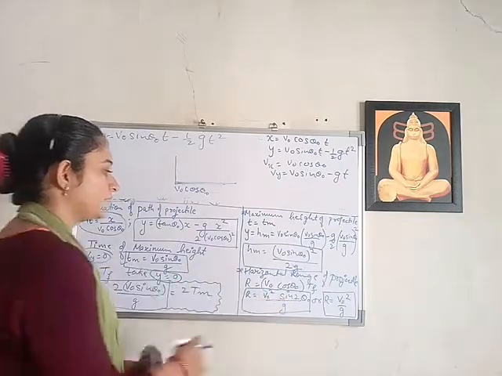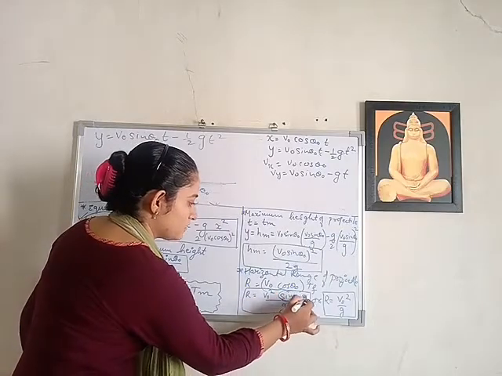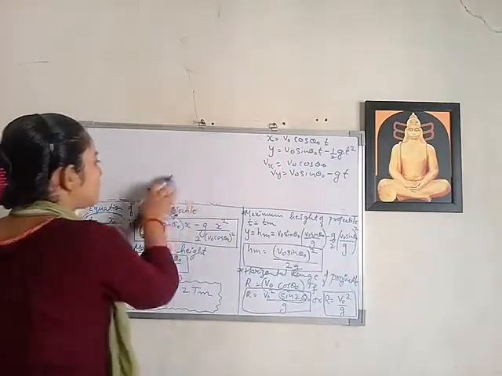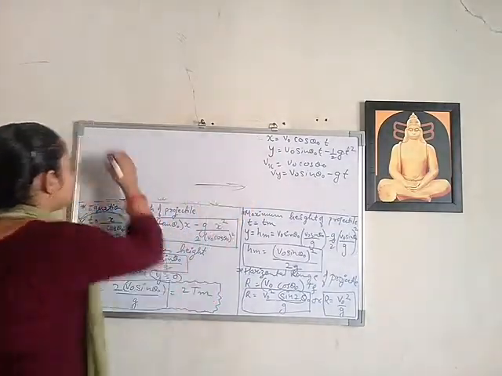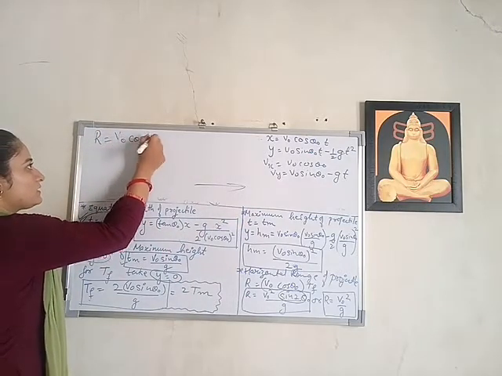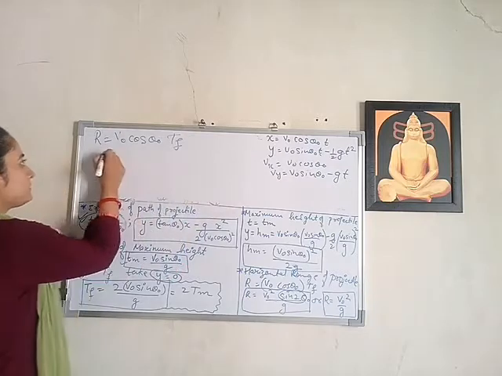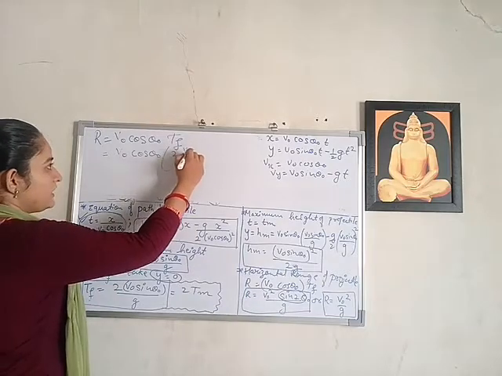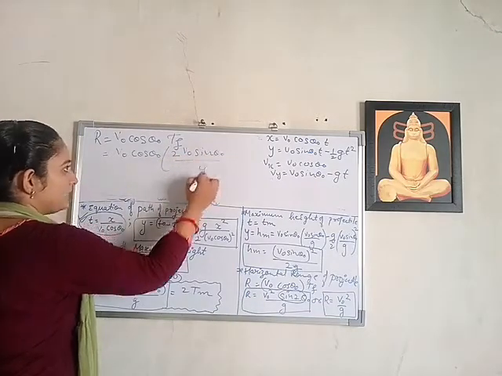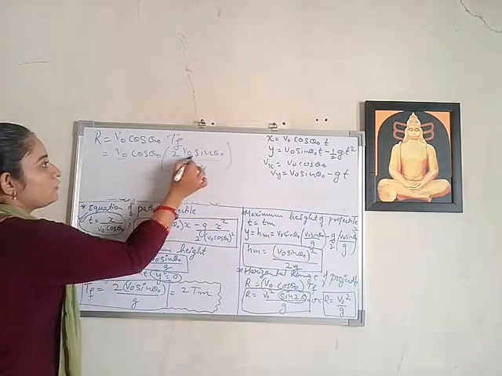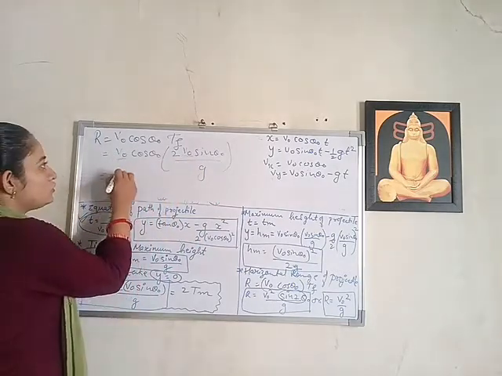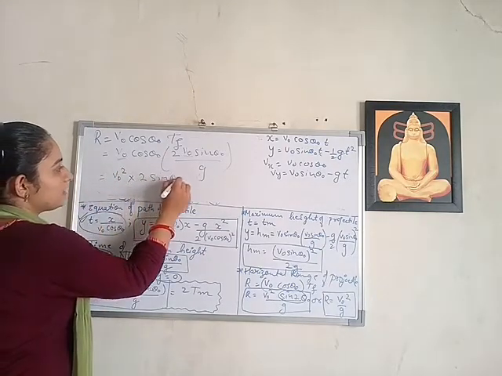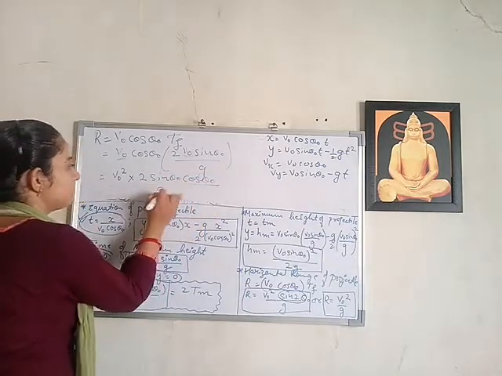You may not understand where this sin 2 theta came from, so I will elaborate. For the range, as it is along the horizontal axis, R equals V0 cos theta 0 into tf, equal to V0 cos theta 0 into 2 V0 sin theta 0 by g. So 2 V0 square into sin theta 0 cos theta 0 by g.